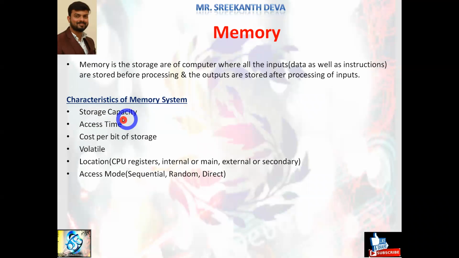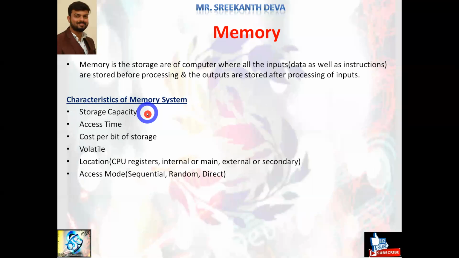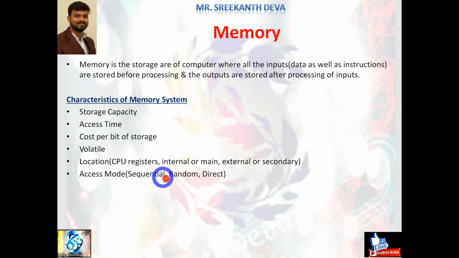Coming to some characteristics of memory systems: storage capacity, access time, cost per bit of storage, volatility, and location, such as CPU registers, internal memory or main memory, and external memory or secondary memory, and different types of access modes like sequential, random and direct. We'll discuss them in detail one by one.